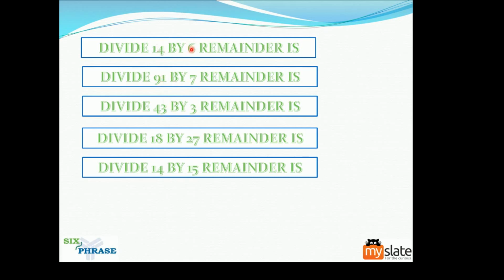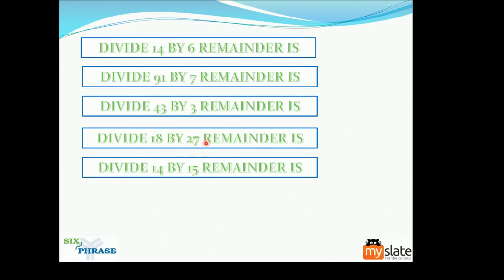But in the last two, if you have a close look, the dividend is less than the divisor. 18 is less than 27. Yes. 14 is less than 15. So in the first three problems the dividend is greater than the divisor, and in the last two problems the dividend is less than the divisor. So there is a difference.